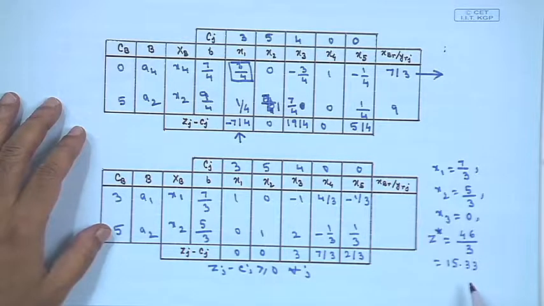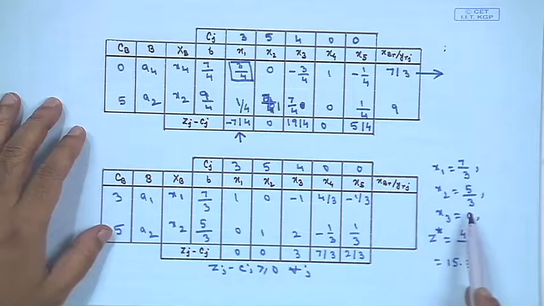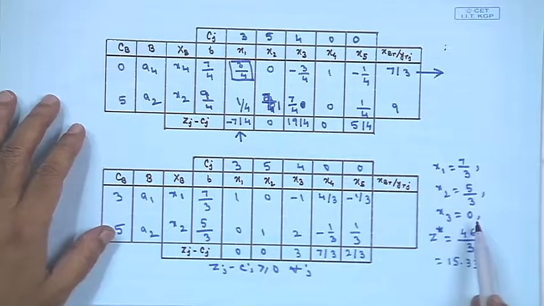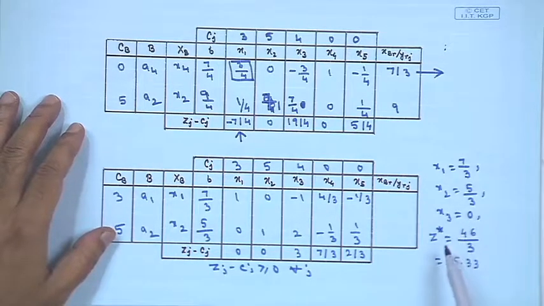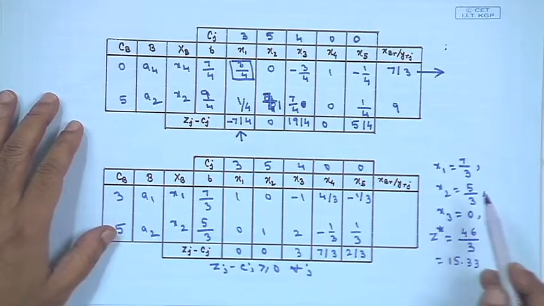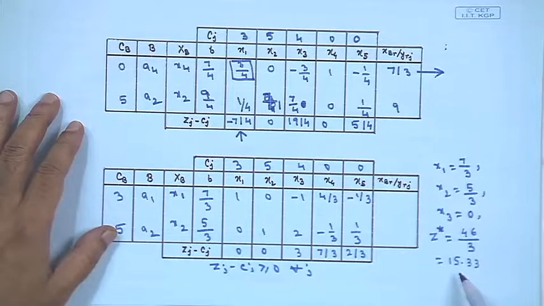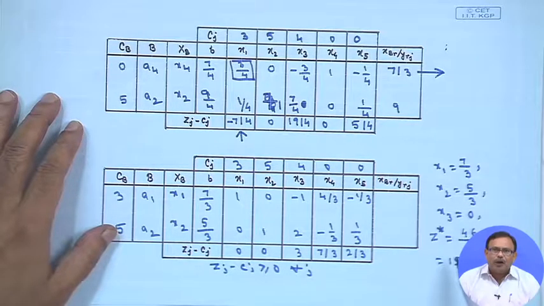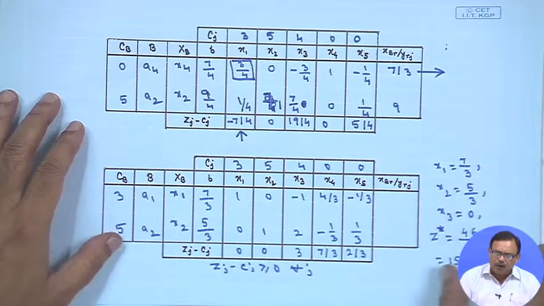So, one can say that to obtain the maximum profit of rupees 15.33, the product X has to be produced 7 by 3, a product Y should be produced 5 by 3 units, and no product should be produced for the product Z. So, please note that to obtain the maximum profit 15.33, one has to produce 7/3 unit of product capital X, 5/3 unit of product capital Y, and no unit should be produced for this one.